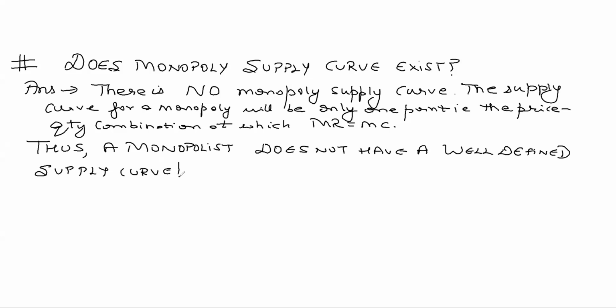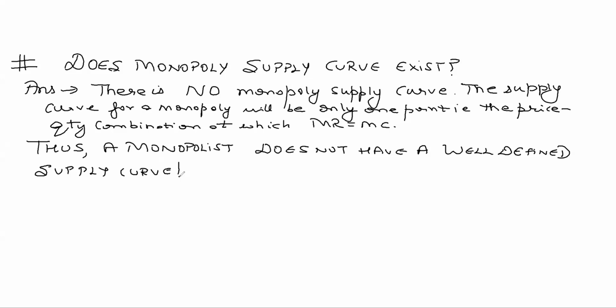Even if the demand curve shifts, suppose the demand increases, a new price quantity combination will be chosen and that will be supplied. So there is no proper well-defined supply curve.